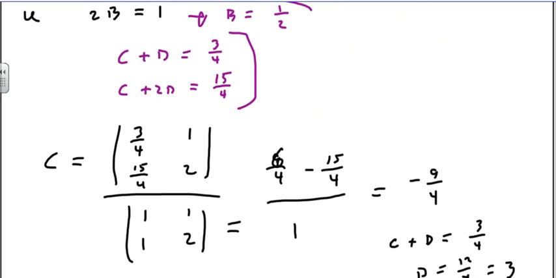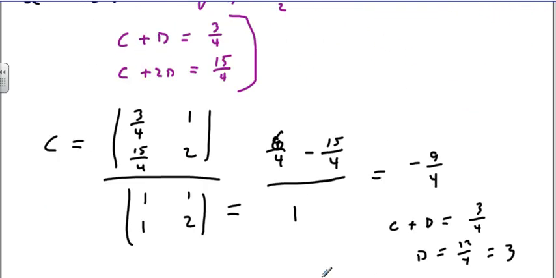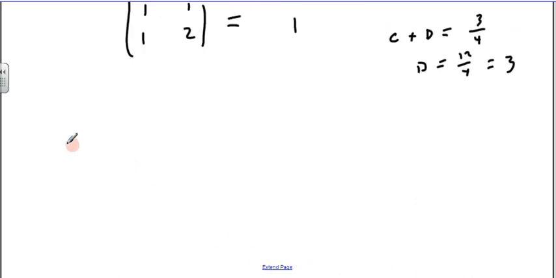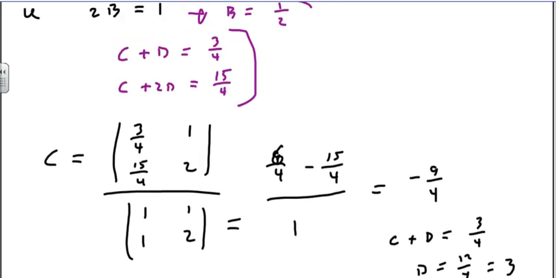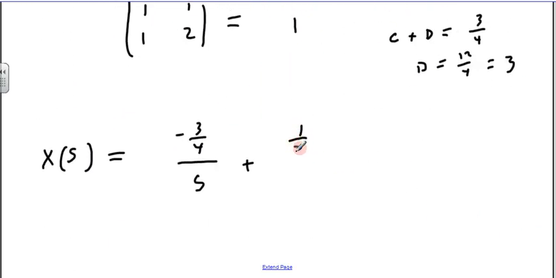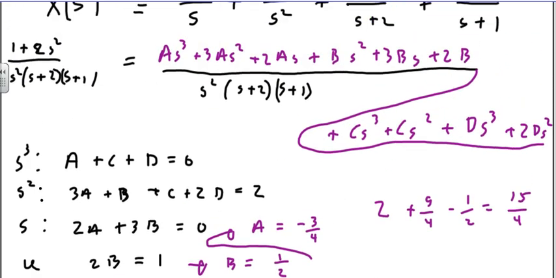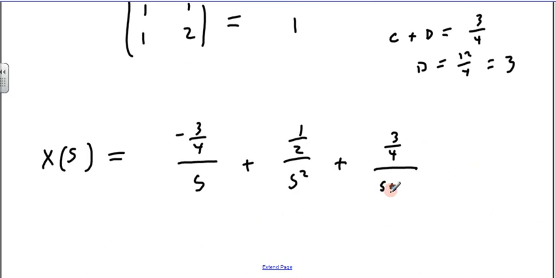So I've got x of s is equal to minus 3/4 over s plus b, which is a half, over s squared, plus 3/4 over s plus 2, plus 3 over s plus 1.